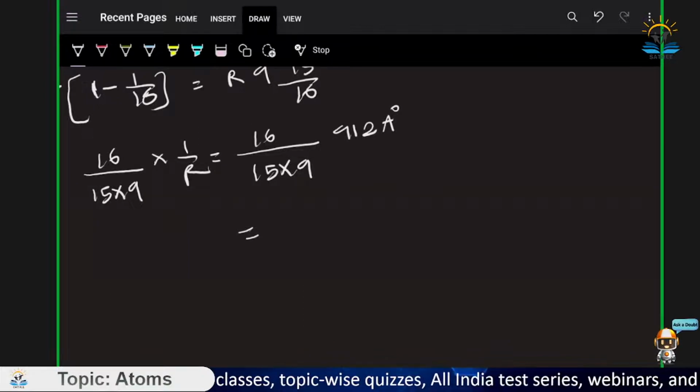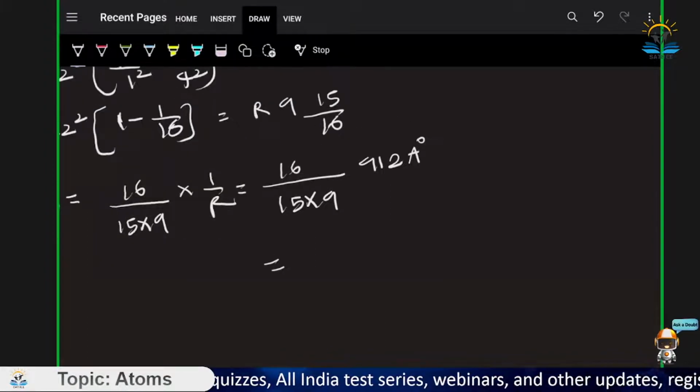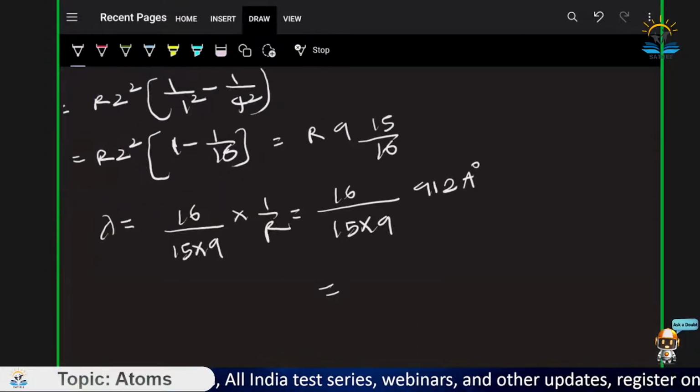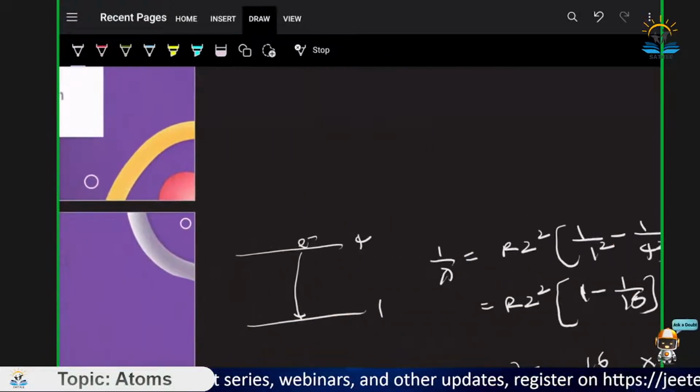So this will be approx how much, in nanometer, 10 raised to minus 9.